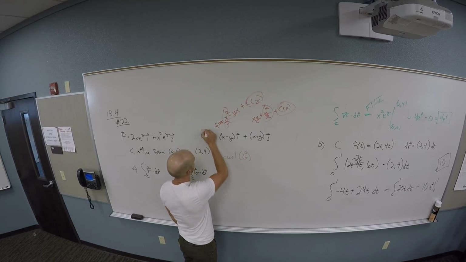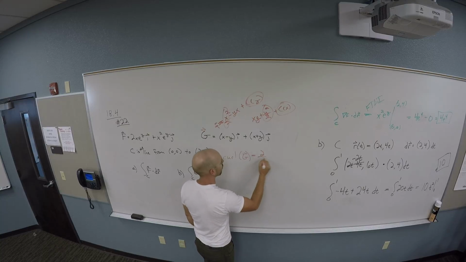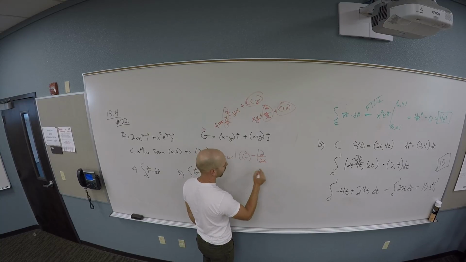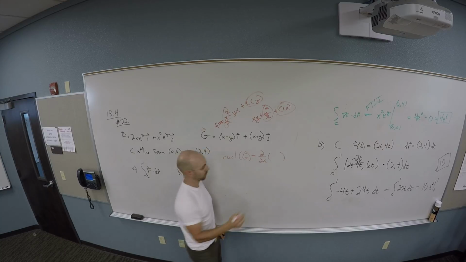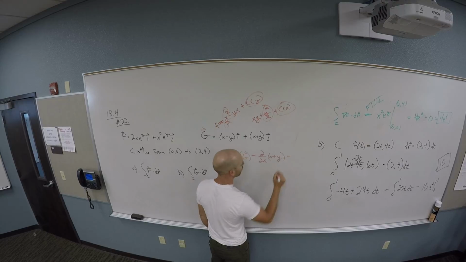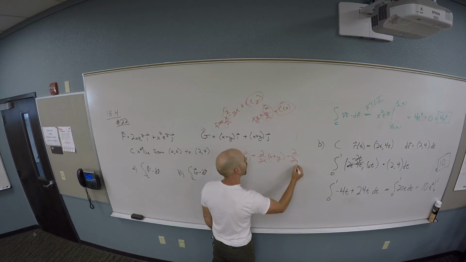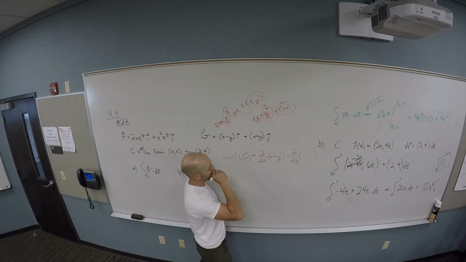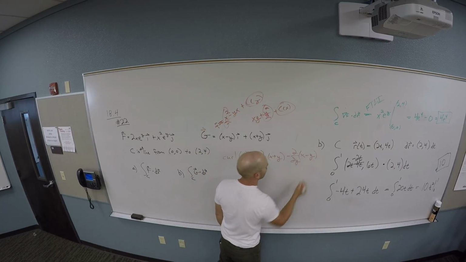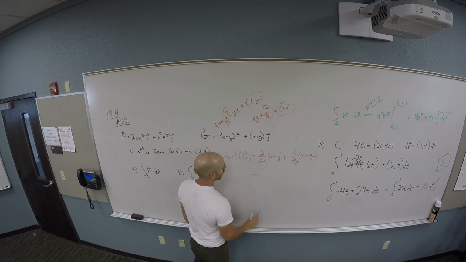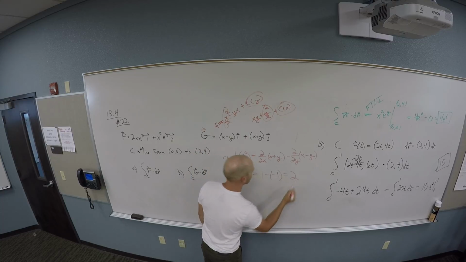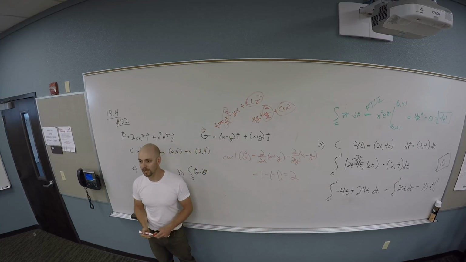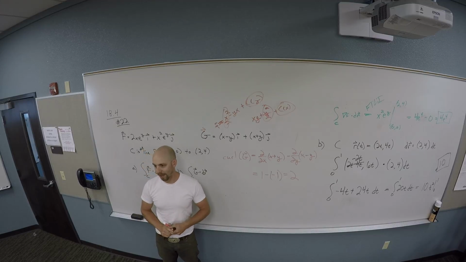The partial with respect to x of the second component, x plus y, and then I need to subtract the partial with respect to y of x minus y. So you get 1 minus a minus 1, which equals 2. That's not equal to 0, so this thing is definitely not path independent.